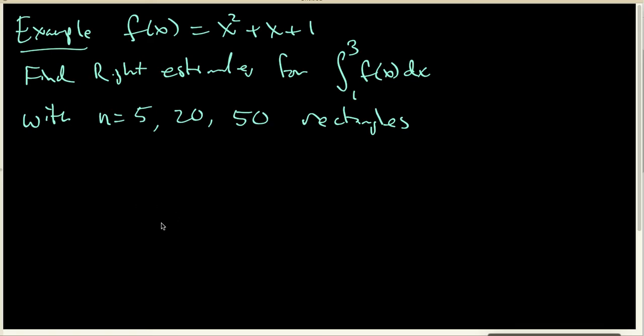Now, if I was just wanting 5 right rectangles, all I would do is draw a picture. But because I'm having multiple things, I want to do this with the sigma notation.